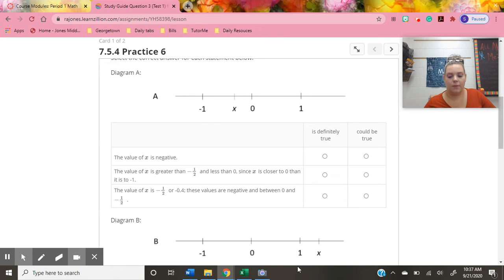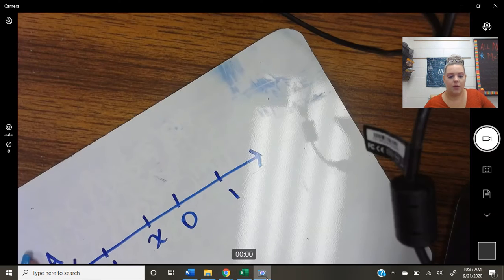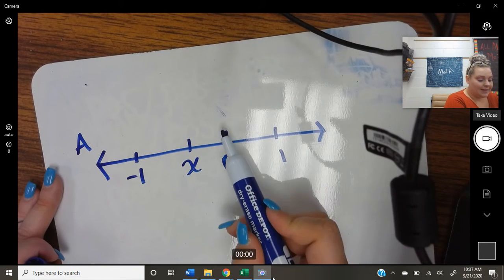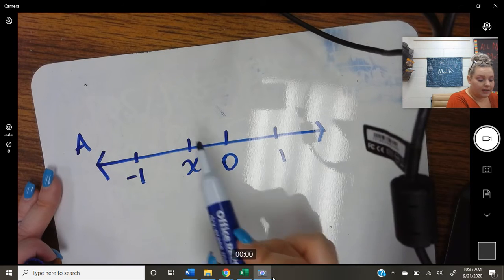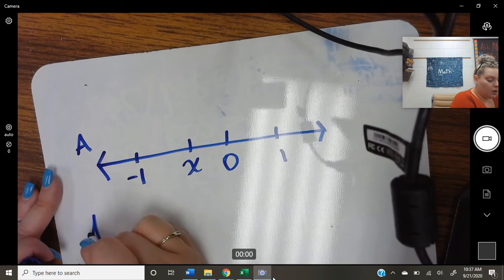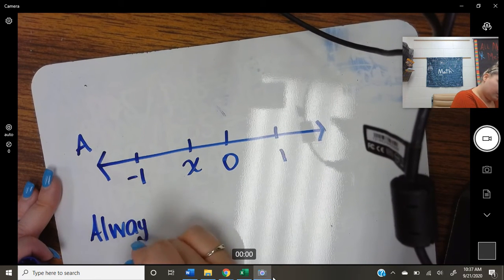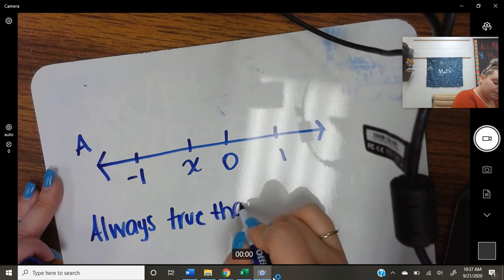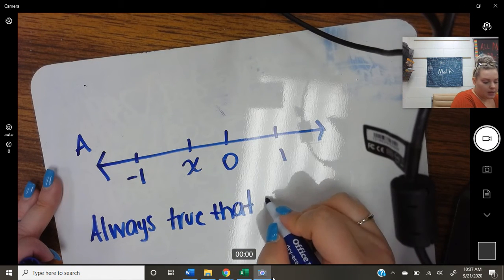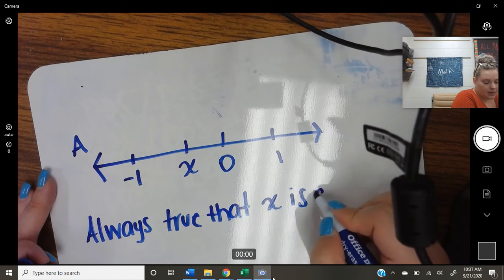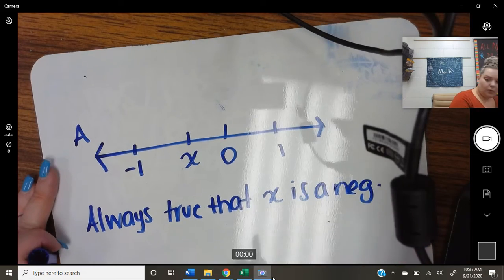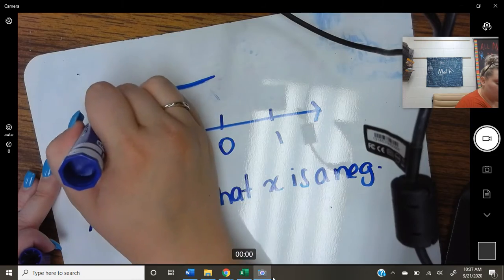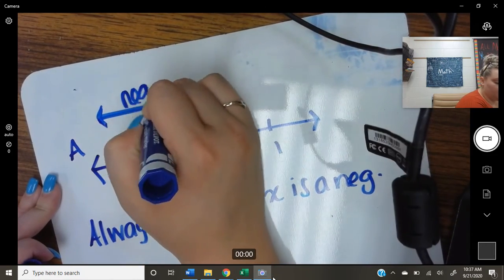Okay, so the first thing it asks is whether the value of x is negative. X is in between -1 and 0. Since it is to the left of 0, it is a negative. So that would be always true that x is a negative, because anything to the left of 0 is a negative.